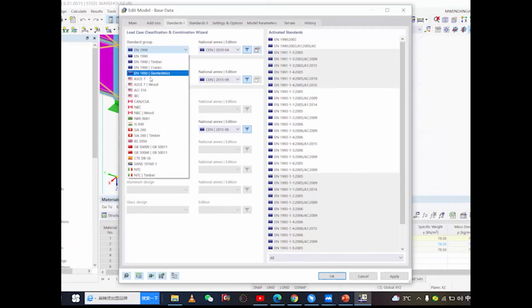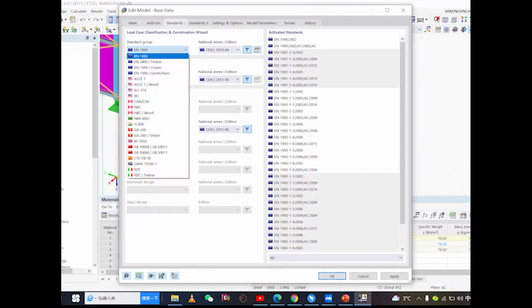I can select a standard here. We have Eurocode 1990, Eurocode for timber, for crane, for geotechnics, ASCE, this is the American code, IBC, Canada, Brazil, India, and all these codes. This is the Chinese code, South Africa, Italy. All of these are the specifications of those specific countries.